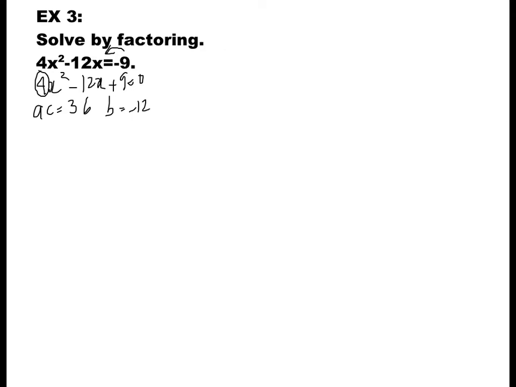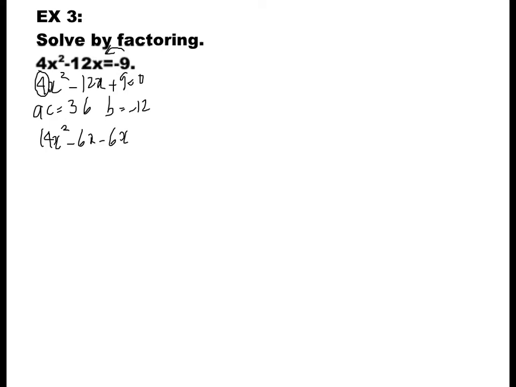Find two numbers that multiply to 36 and add up to negative 12. You can see that those two numbers are negative 6 and negative 6, so I can write this one as 4x squared minus 6x.